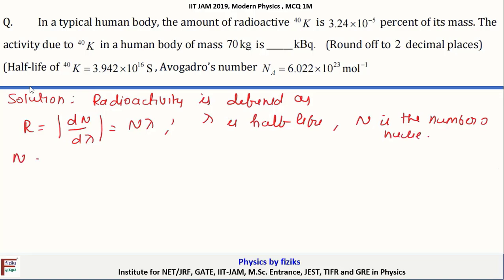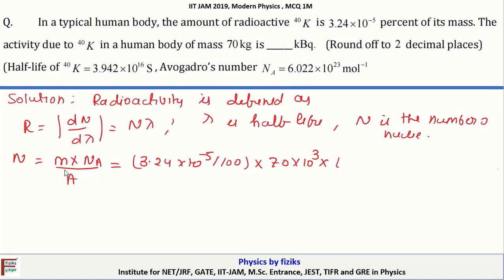Now N would be given by mass into Na divided by atomic mass or molar mass, Ma, which is equal to 3.24 times 10 to the power minus 5 divided by 100 into 70 into 10 to the power 3 into 6.023 times 10 to the power 23 divided by 40.